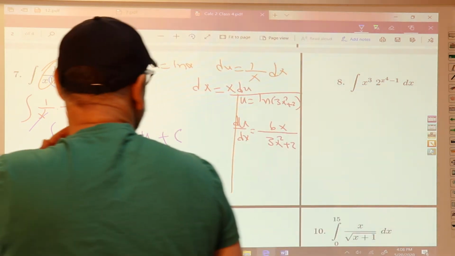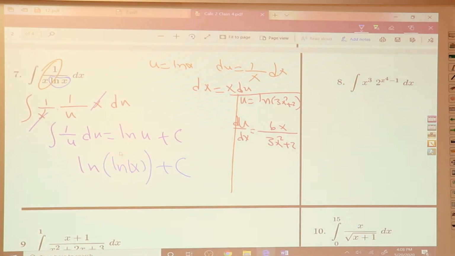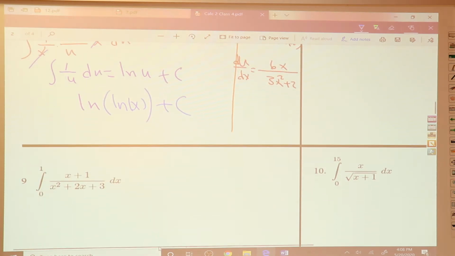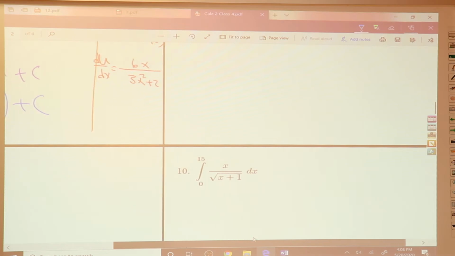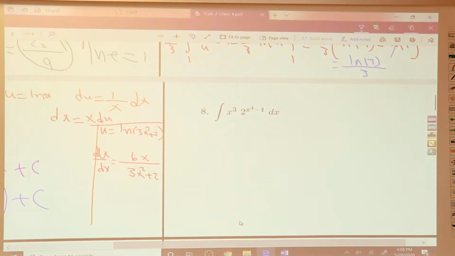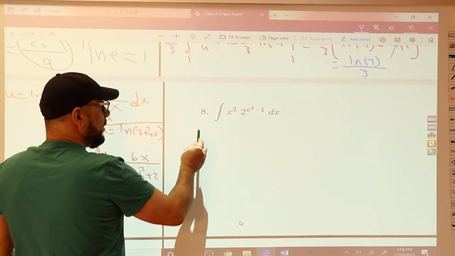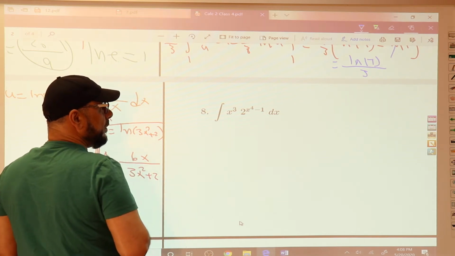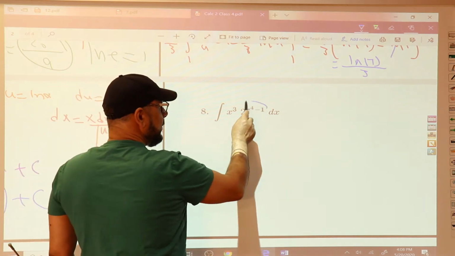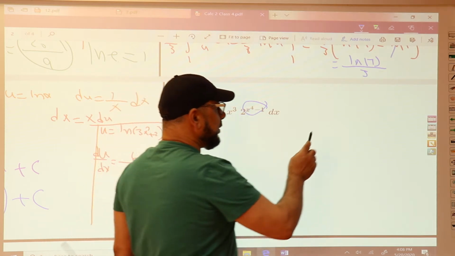Good? Number 8, x cubed plus 2. Then look here, two things, something you need to know.